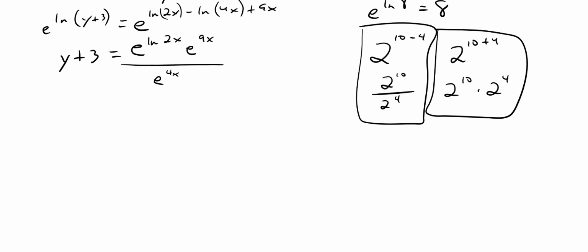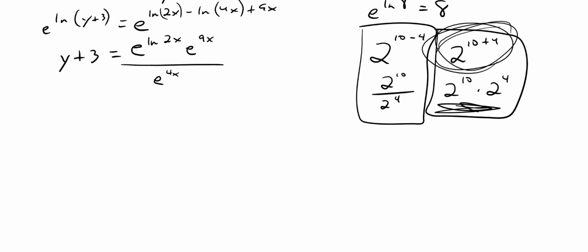You guys agree? Because e to the ln of 2x plus 9x, the addition is just multiplication. Same base, right? So it's e to the ln of 2x and e to the 9x, and that's multiplication. And then it's minus ln of 4x, so that part is divided by, right? Okay, so you got to get that. This is algebra 2. You actually remember that. This is just your properties of exponents.